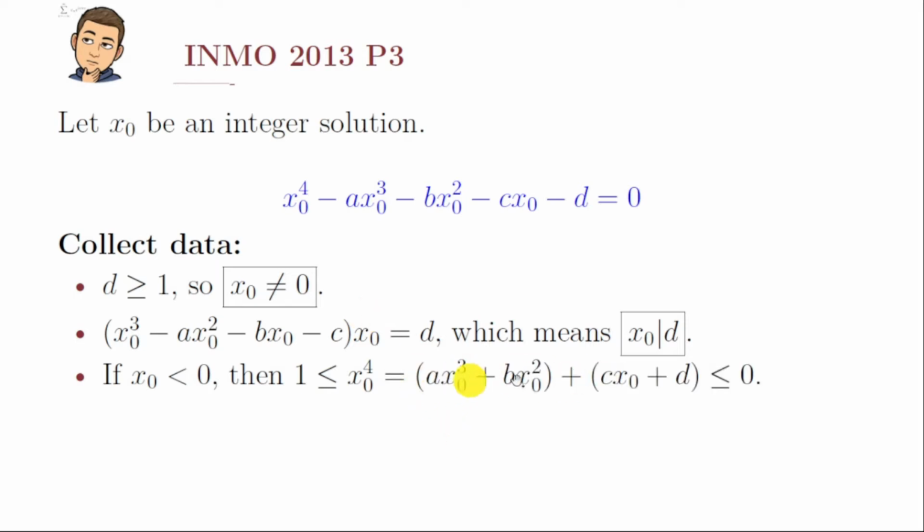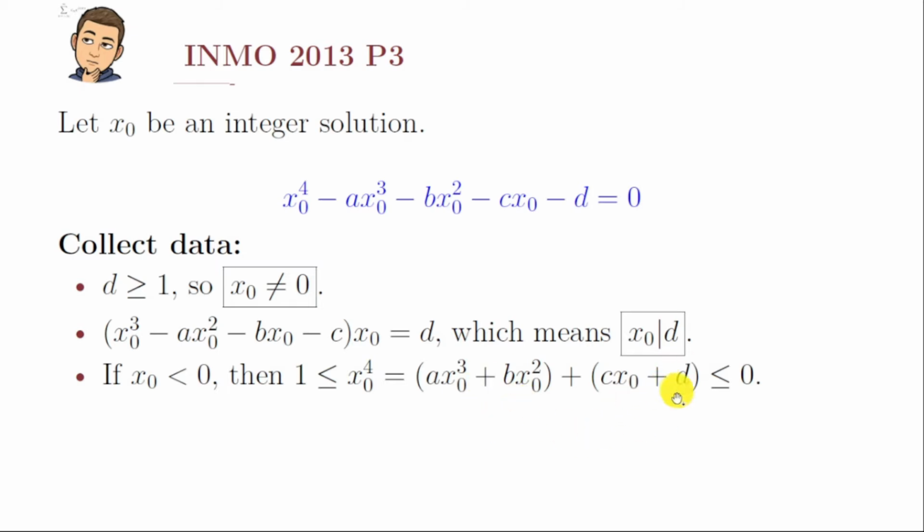So we have x0 to the power of 4 equals this, and this will be non-positive because x0 is negative, so x0 cubed is negative. Although x0 squared is positive, notice that the coefficient of x0 cubed is a, and a is more dominant than b. So ax0 cubed plus bx0 squared will never be positive. This will be non-positive.